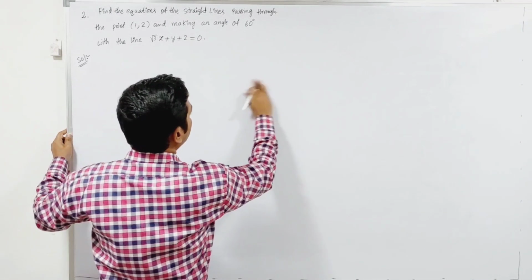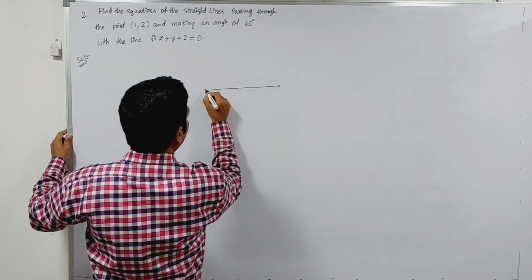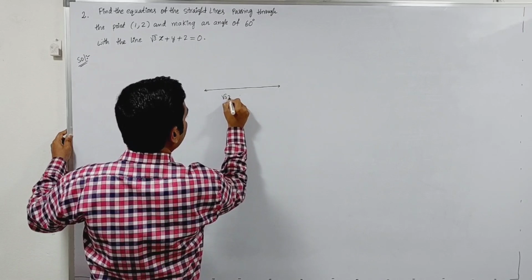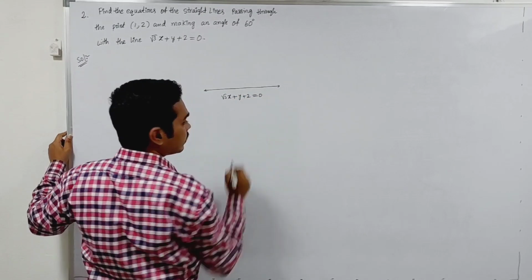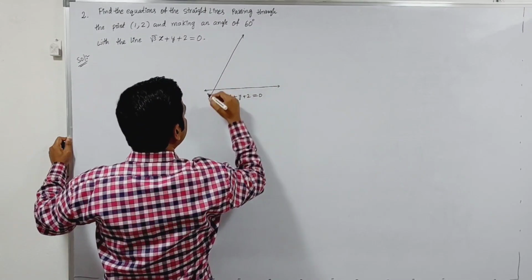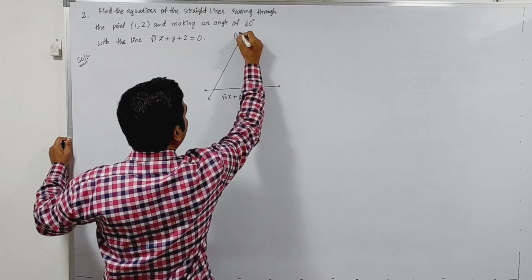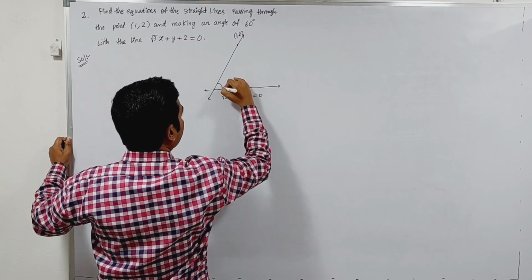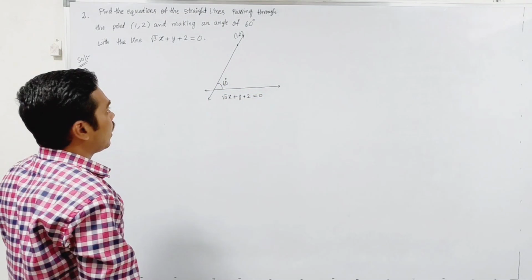For example, this is the given straight line, root 3 x plus y plus 2 equal to 0. This is the required line, passing through the point (1, 2) and making an angle of 60 degrees with the given line.